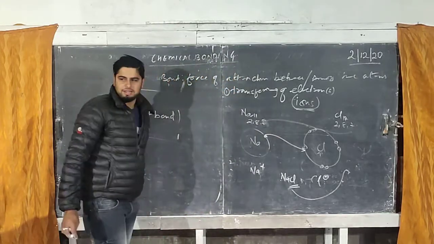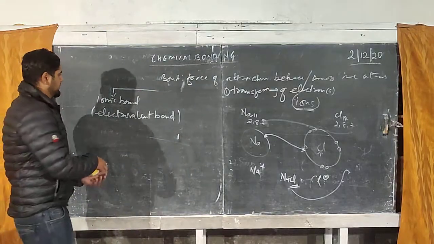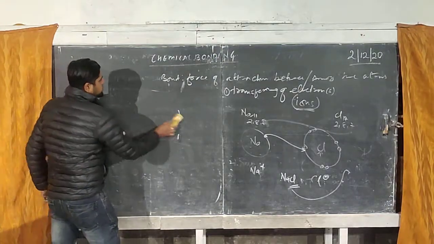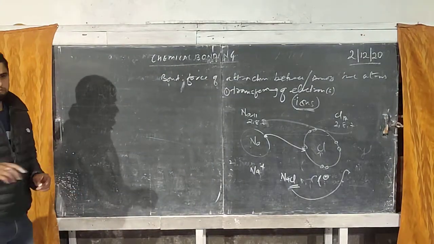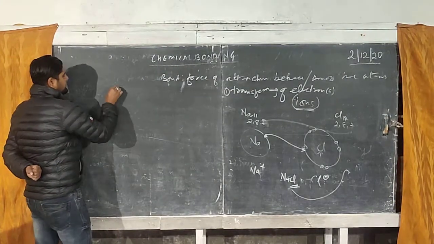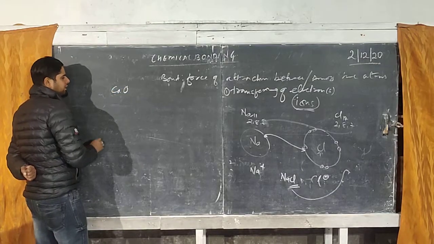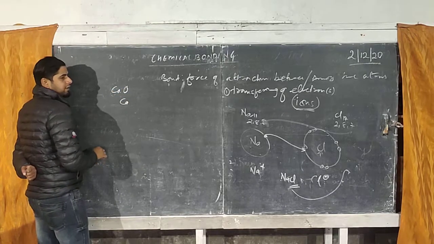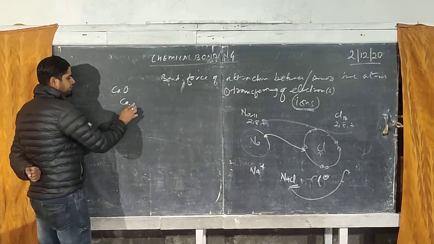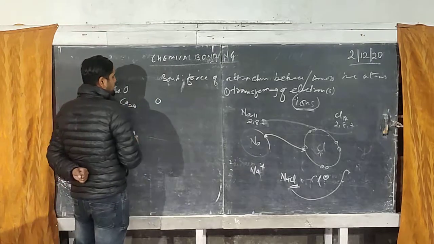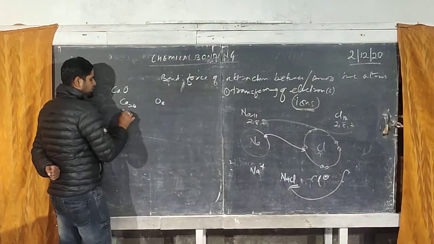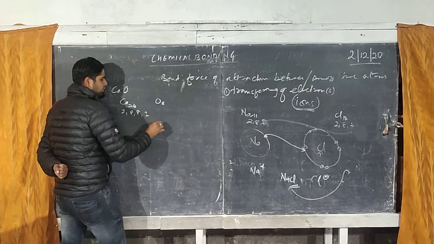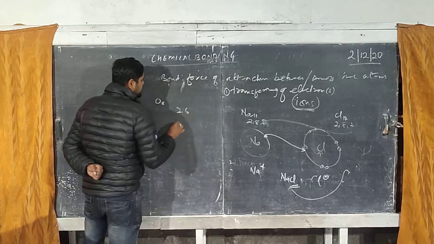I'll give you another example. CaO, calcium oxide. Ca, atomic number 20, oxygen, atomic number 8. Calcium is 2, 8, 8, 2, and oxygen is 2, 6.